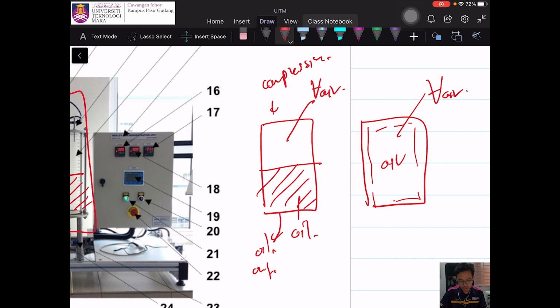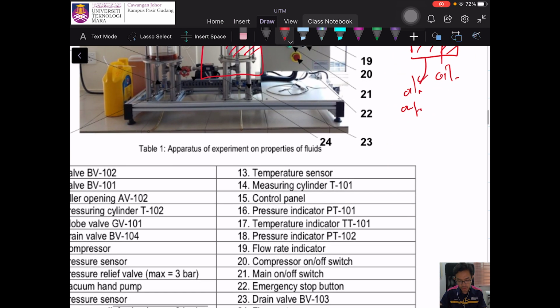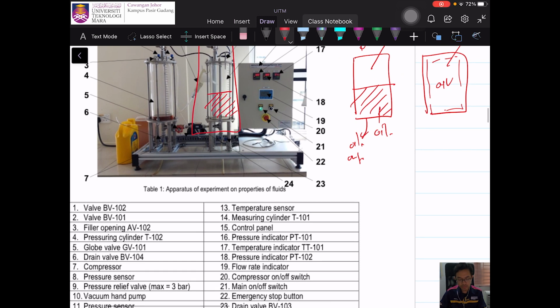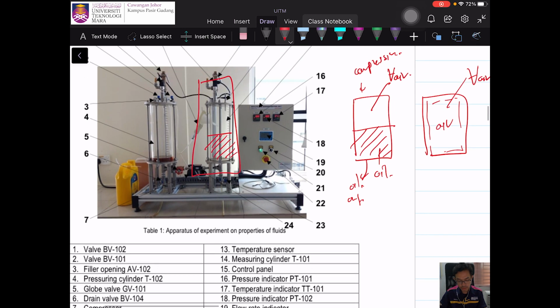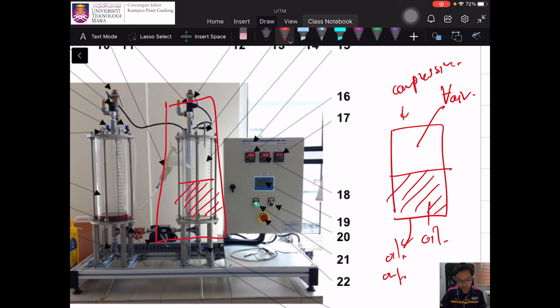So you need to look at the measuring cylinder scales for the value of the volume of the air, and also the pressure and temperature. However, you can look at the control panel to see the exact value of the pressure and temperature, because this control panel is linked with the pressure sensor and temperature sensor there.